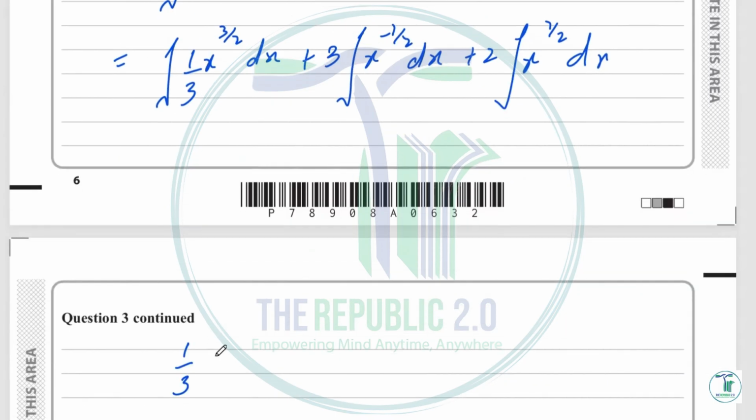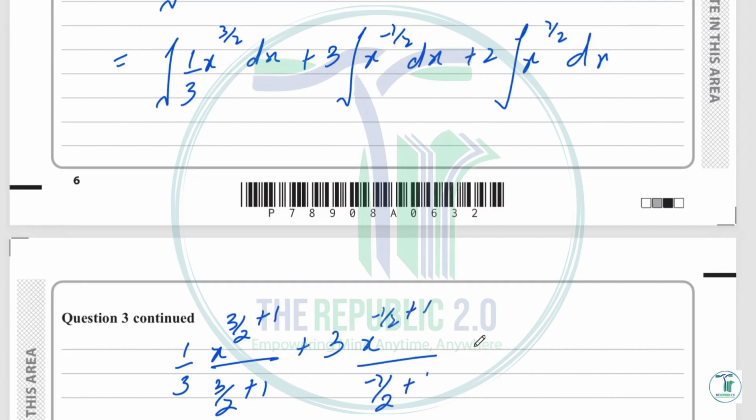So simplifying it further, applying the power rule of integration: 1 upon 3 times x to the power of 3 by 2 plus 1, divided by 3 by 2 plus 1. Similarly, plus 3 x to the power of negative 1 by 2 plus 1, divided by negative 1 by 2 plus 1, plus 2 x to the power of 1 by 2 plus 1, divided by 1 by 2 plus 1, and plus the constant of integration.